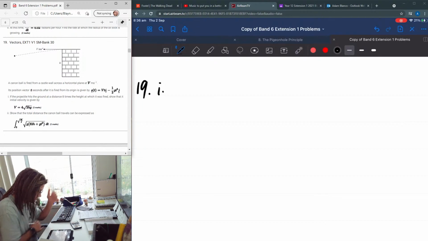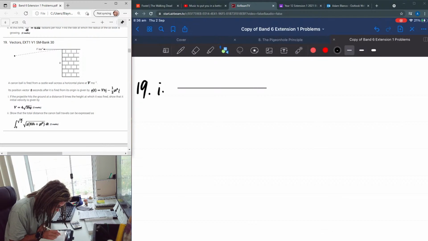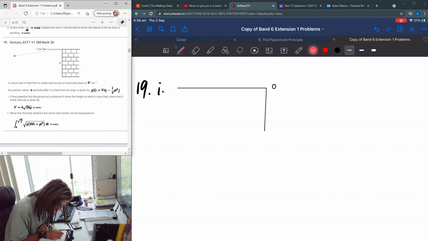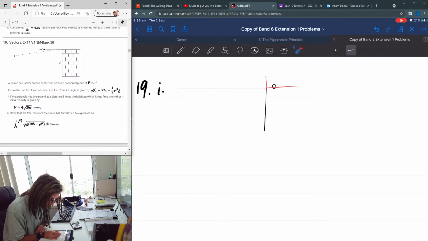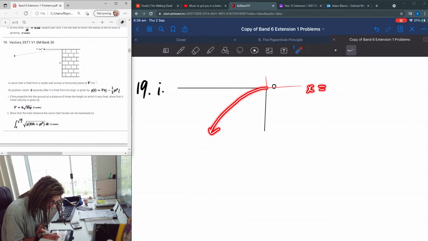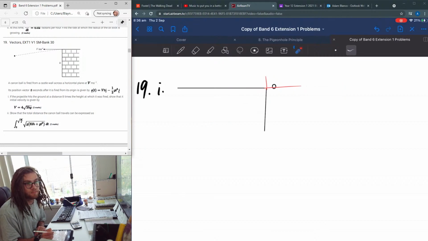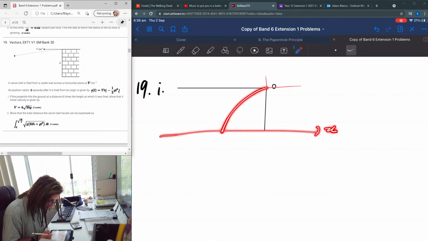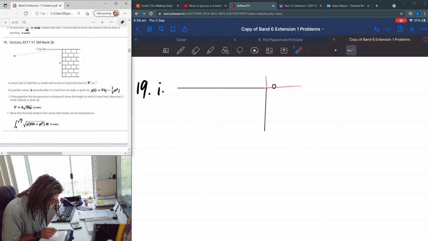If I drew a graph, if that's my origin, normally you're trying to find the point at which it hits the x-axis, but in this case, you're trying to find the point where it hits the ground.